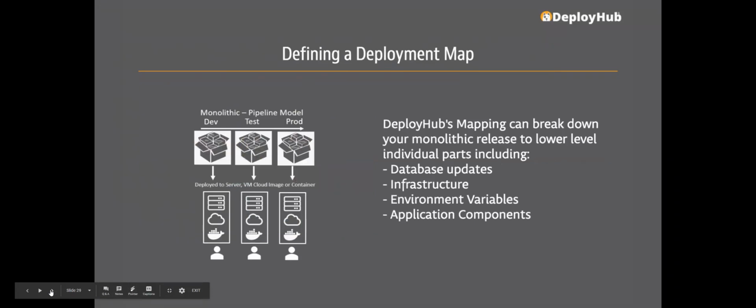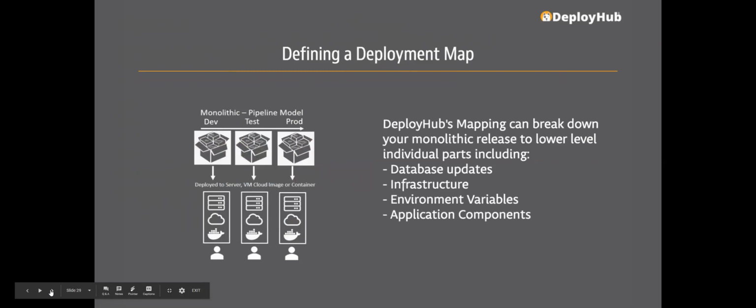So part of the reason why we can do this for you is because we break the application out into its pieces. We can do database updates, we can update the infrastructure, environment variables, as well as the application components. So if you have an update that changes your jar file and has a SQL change as well, we can manage those two pieces.